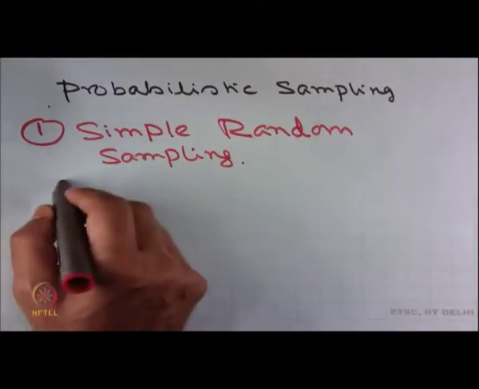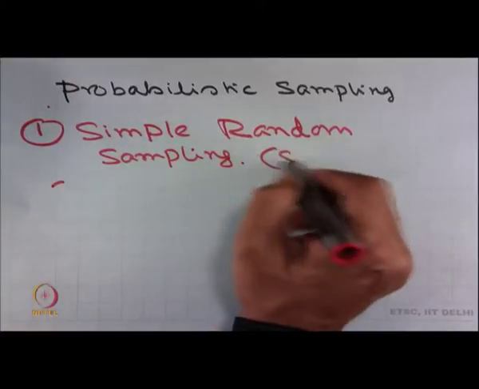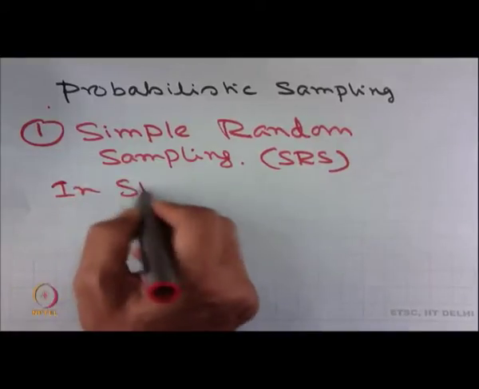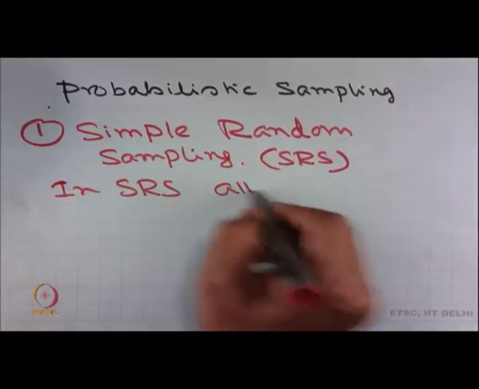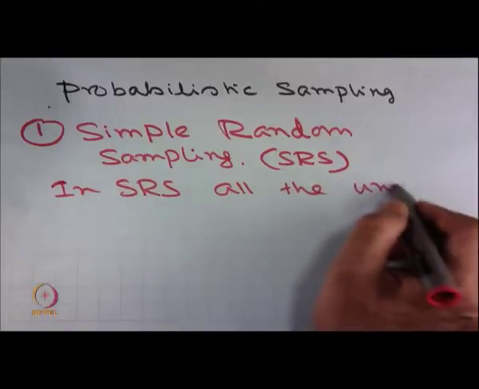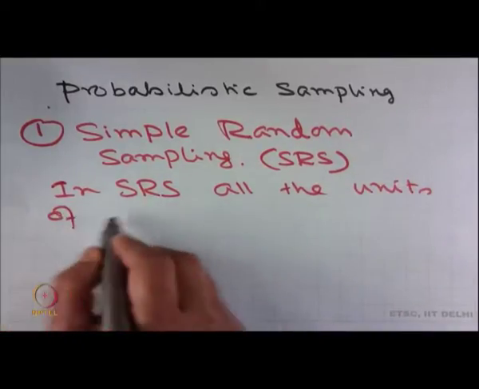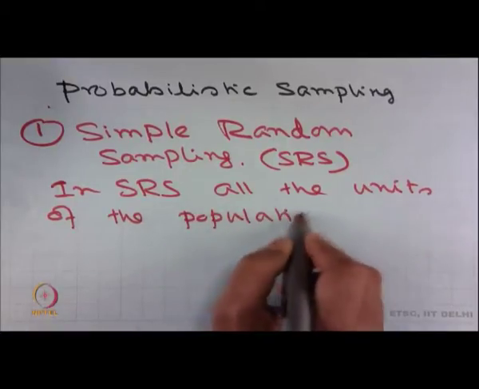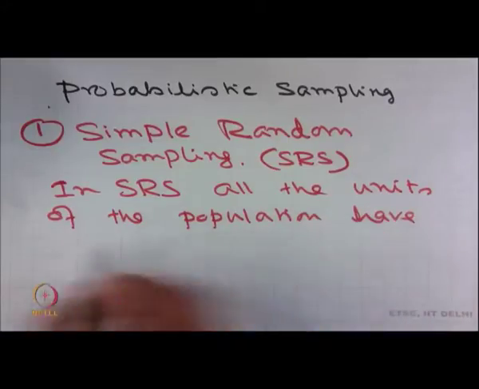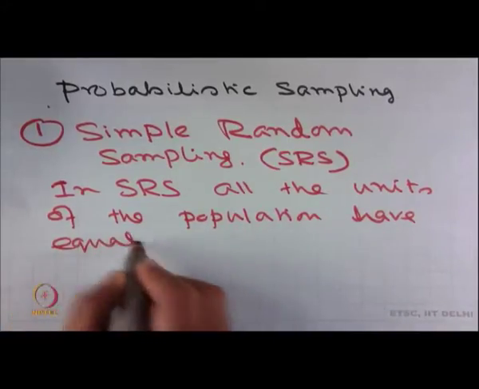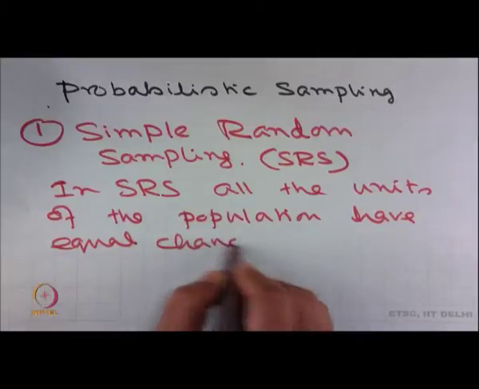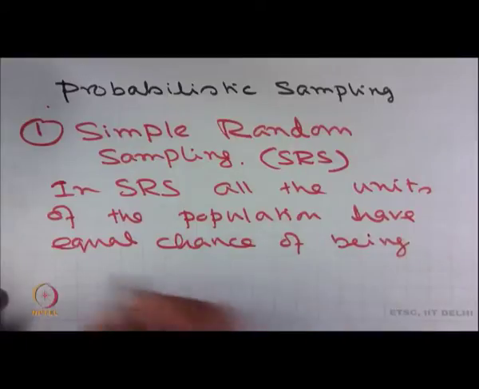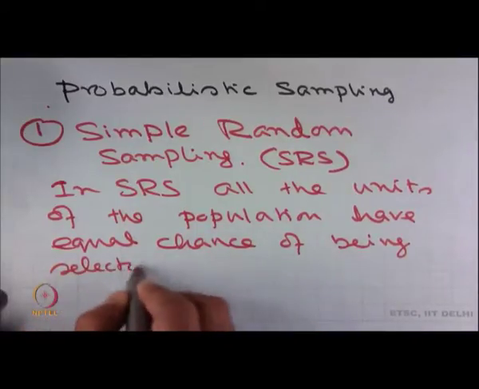In simple random sampling, which we often write as SRS, all the units of the population have equal chance of being selected in the sample.